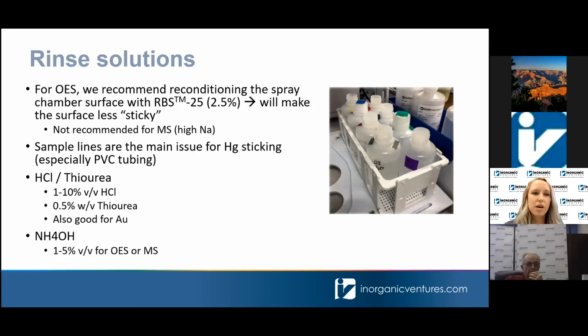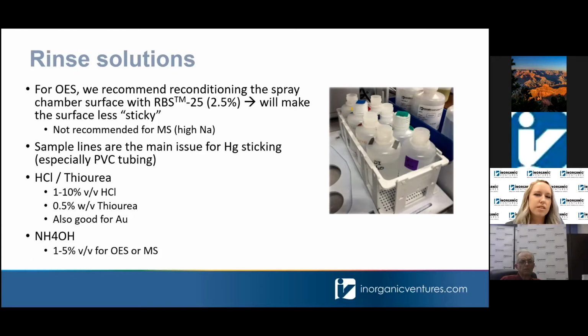So for ICP-OES, this is just kind of a general recommendation, not only for mercury analysis, but just in general. We recommend using RBS-25 as a rinse solution to recondition your spray chamber surfaces. This is going to prevent the surfaces from becoming sticky and causing issues primarily for those stickier elements, so mercury or bismuth, some other elements.